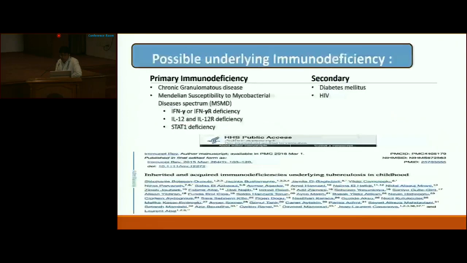There could be a possible underlying immunodeficiency. In this case, a primary immunodeficiency or secondary diabetes mellitus would be possible, even though HbA1c was only 6.5 and a single value, and FBS and PPBS were not available. HIV was negative in this case, and there could be chronic granulomatous disease and the Mendelian susceptibility to mycobacterial disease spectrum: interferon gamma receptor deficiency, interleukin 12 or 12 receptor deficiency.